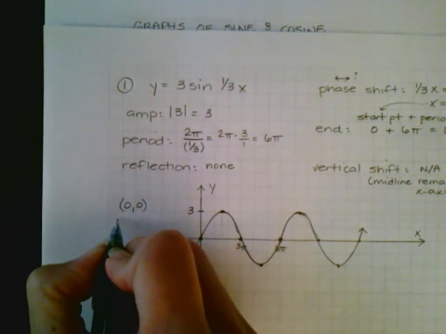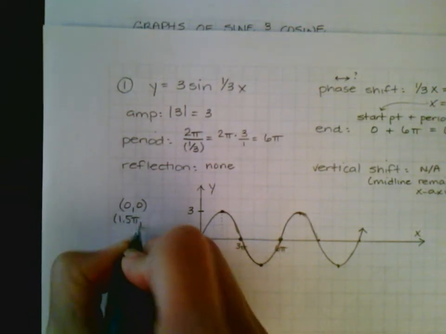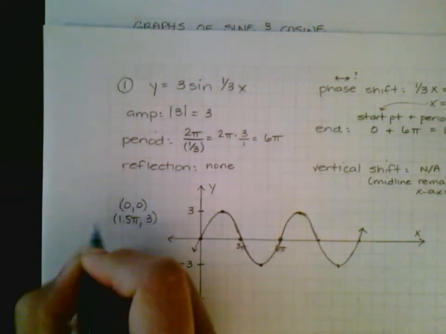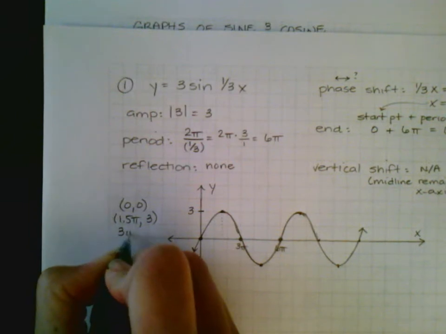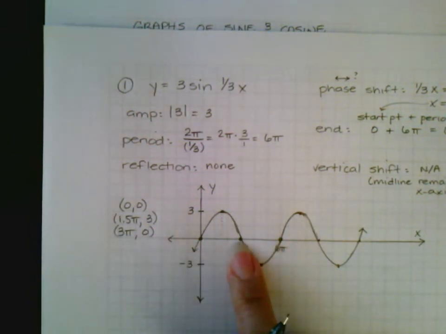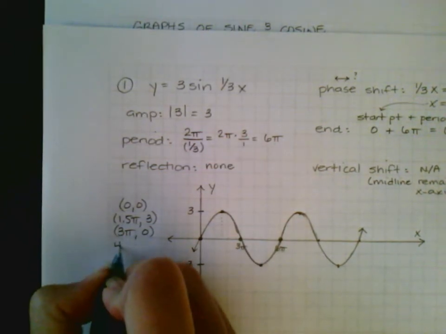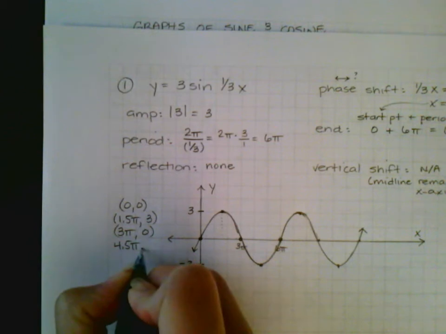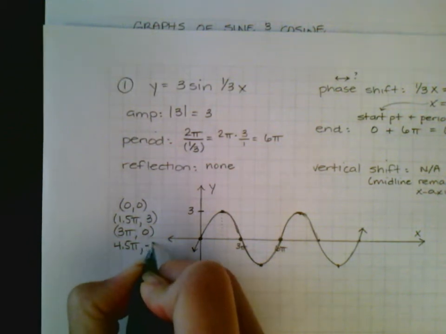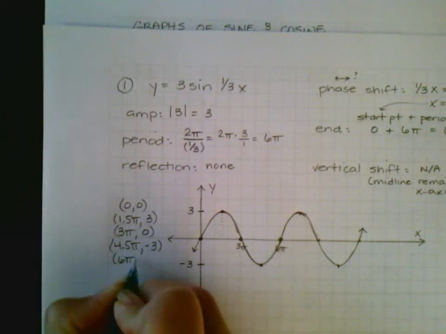So I'm going to put 1.5 pi, comma, positive 3. Then 3 pi, comma, 0, which is that one. Halfway between 3 pi and 6 pi is 4.5 pi, comma, -3. And the last, 6 pi, comma, 0.